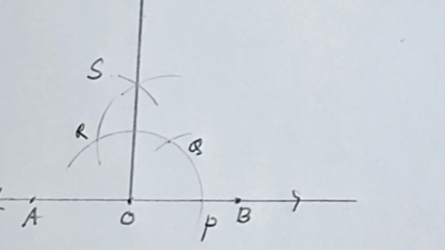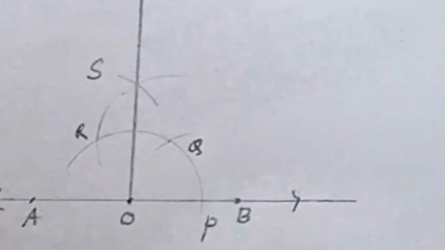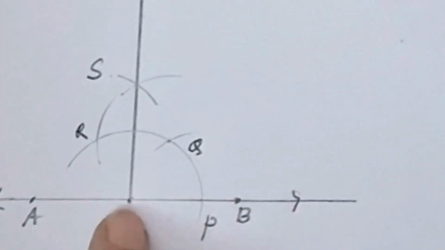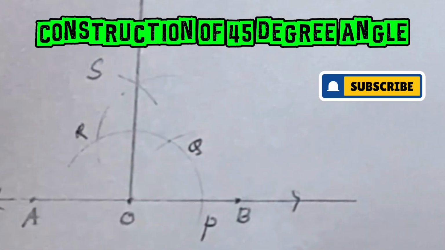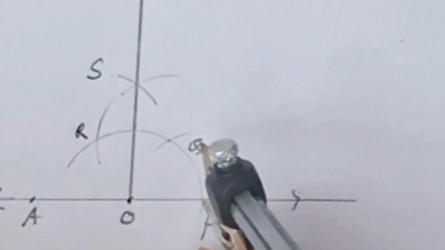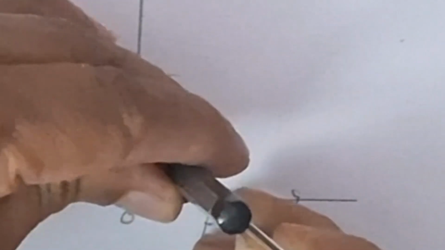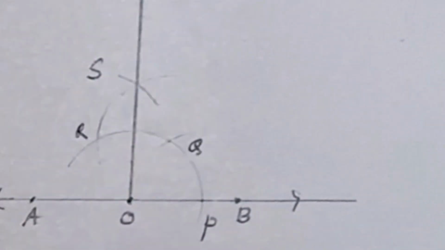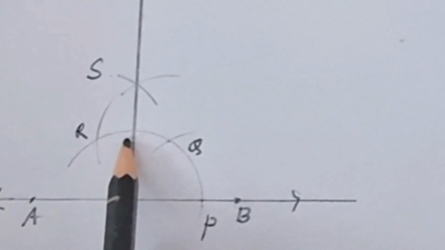Now to construct an angle 45 degree, we bisect the angle BOS. From the point P, we draw an arc whose radius is more than half of PT.